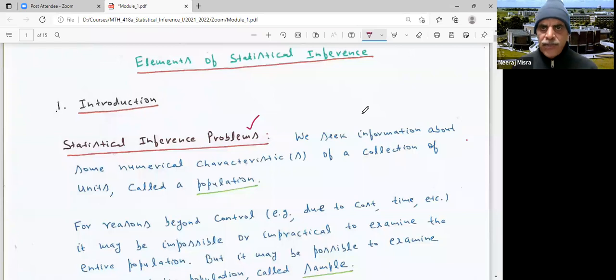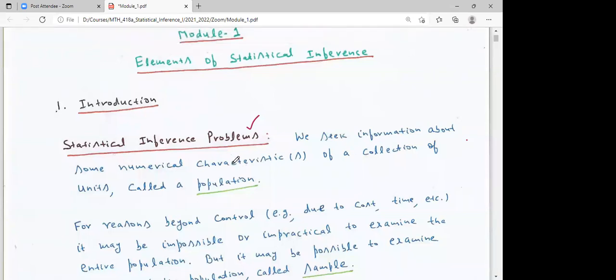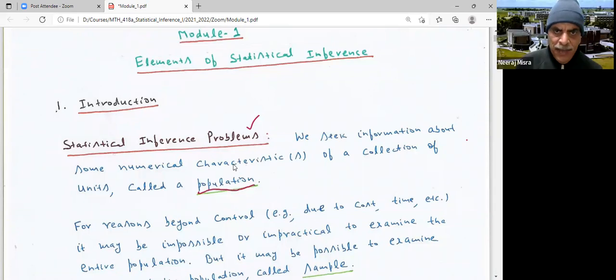Now, a basic situation in any statistical inference problem is that we have a population which is normally very big in size, and we seek information about some numerical characteristics of this population.